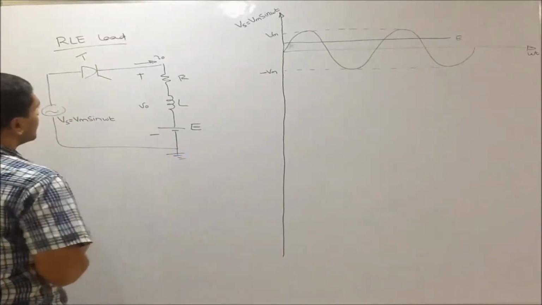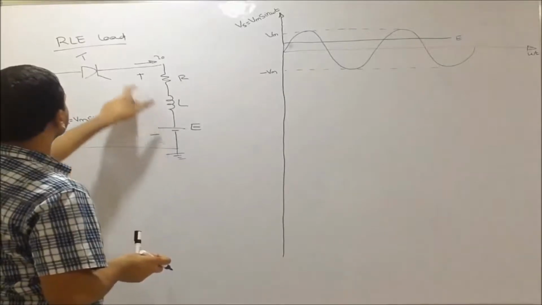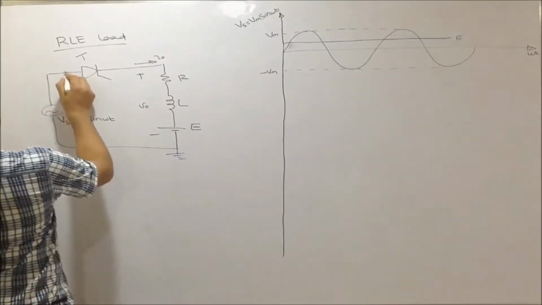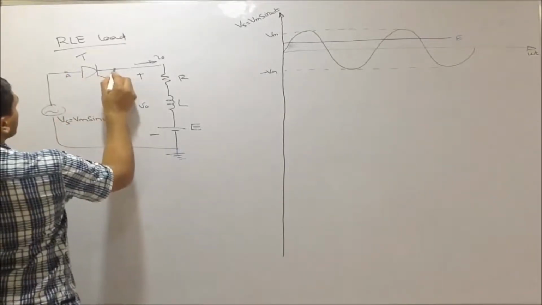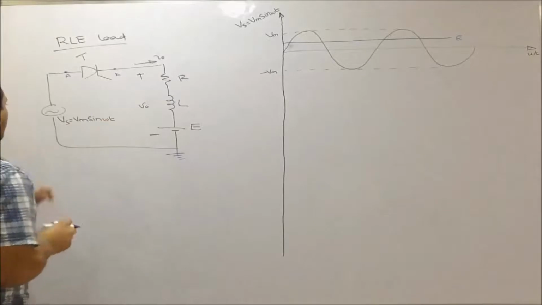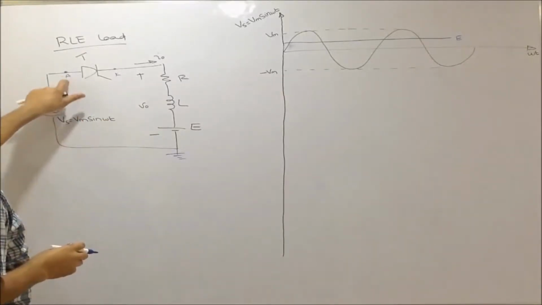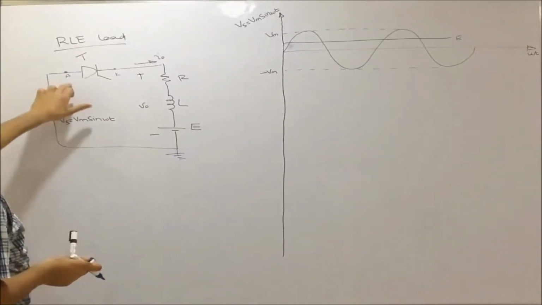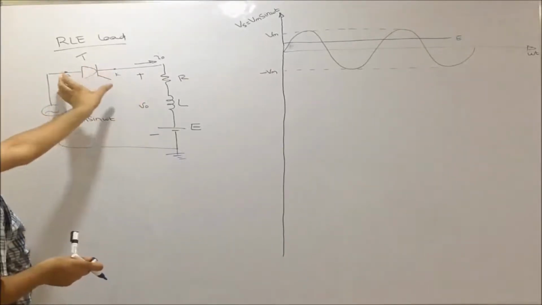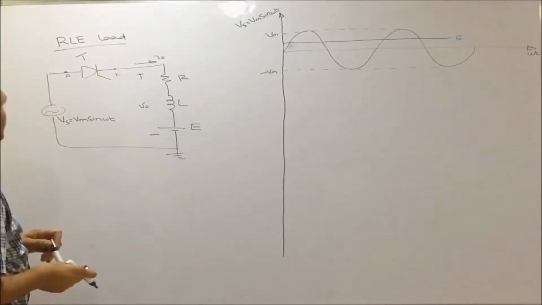This E is trying to reverse bias my SCR, because this is anode, cathode, E is appearing across cathode and Vs is appearing across anode. Whenever this voltage is greater than cathode voltage, then the device is forward biased.